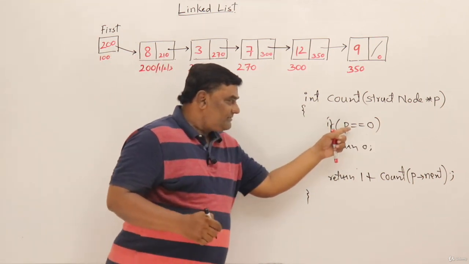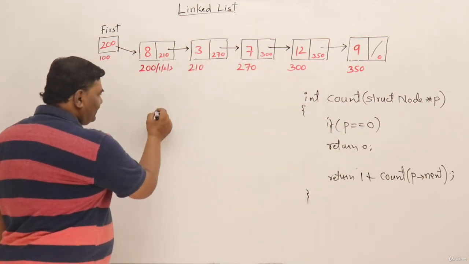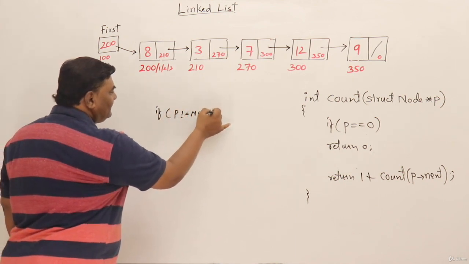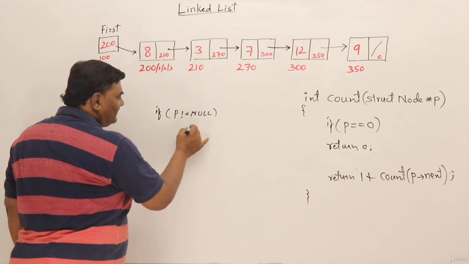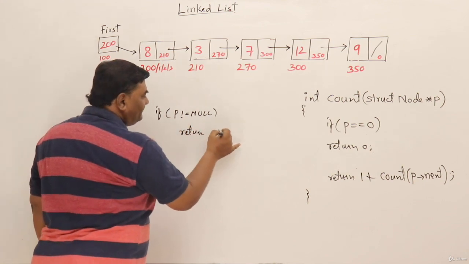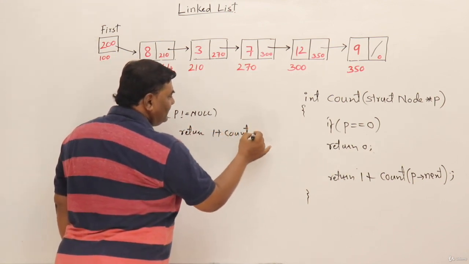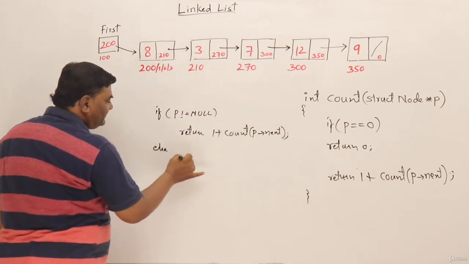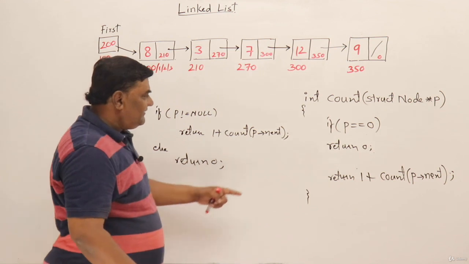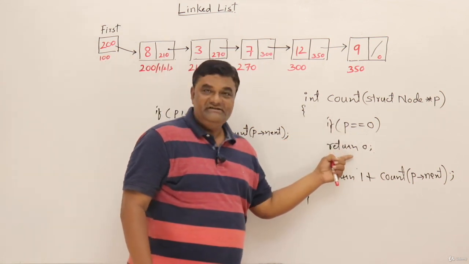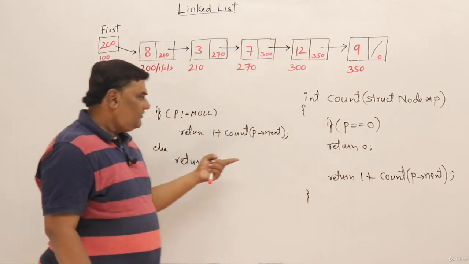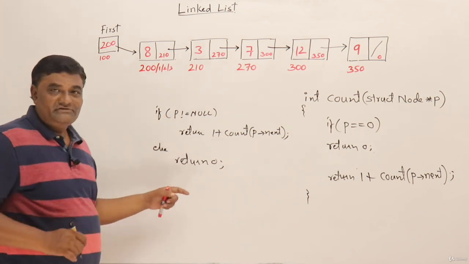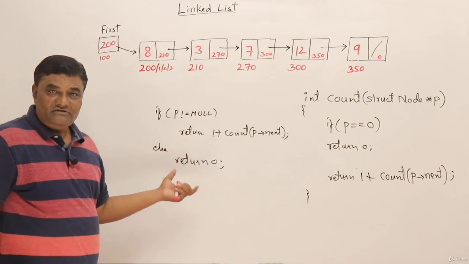Instead of writing this termination condition, I can write it in another way, like if P is not equal to null, that is not equal to 0, then return 1 plus count P caps next, else return 0. Here I had written this condition first, so I was returning 0, otherwise this was there. But now I have just changed the order. If P is not null, then do this, otherwise do this. So you can change the order also.